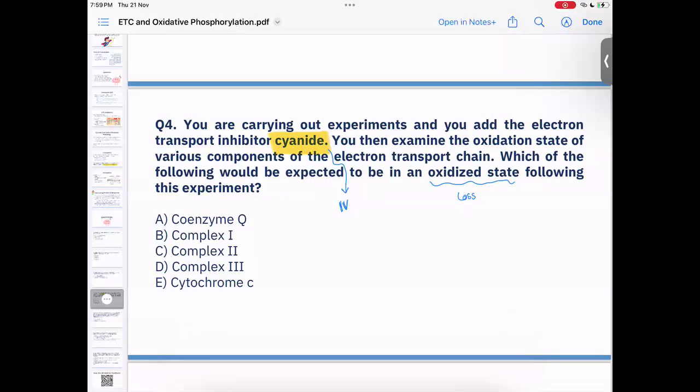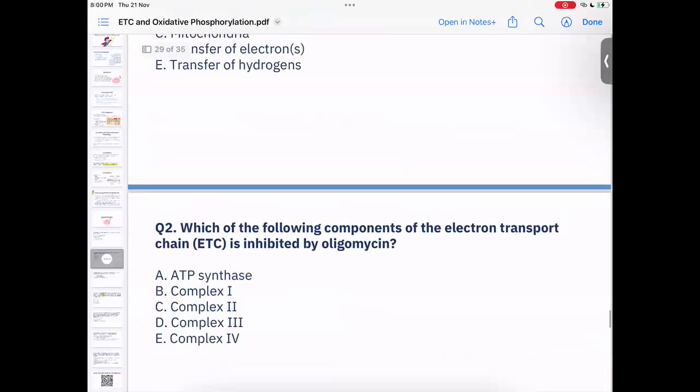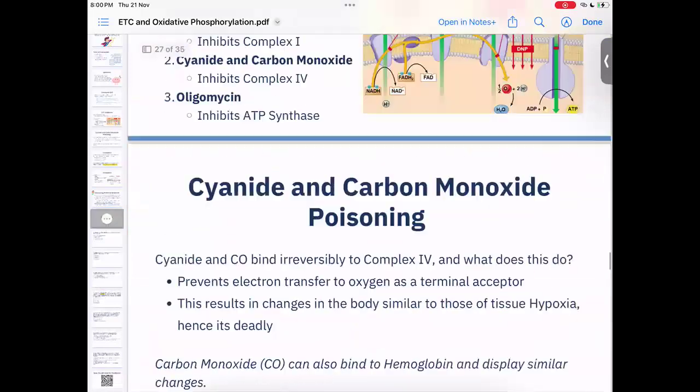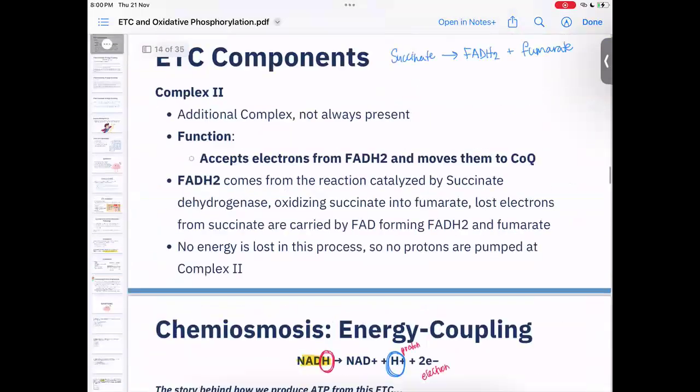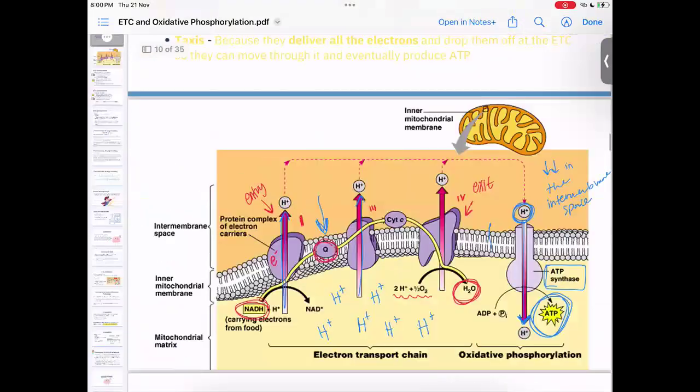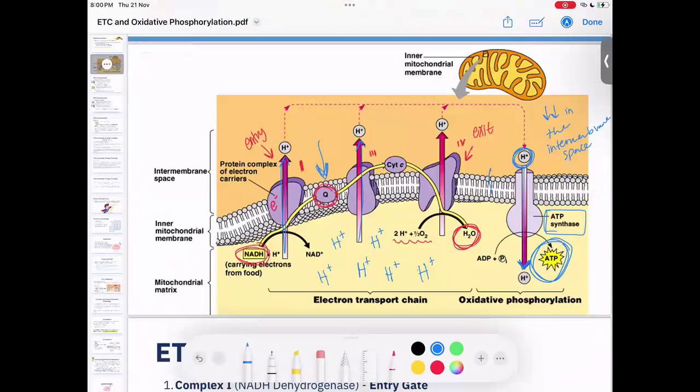But let's go back to the complexes. Where are the complexes? Okay, here. They're telling you which one is going to have lost electrons. Yeah, exactly.